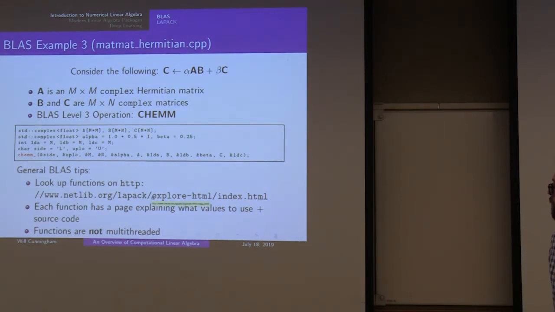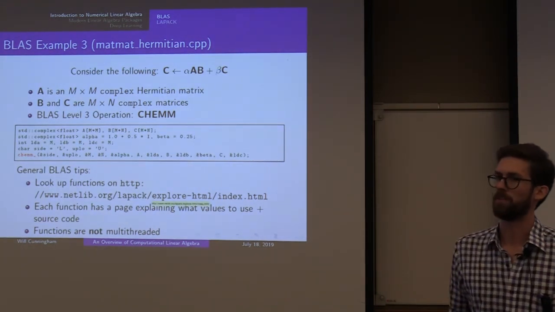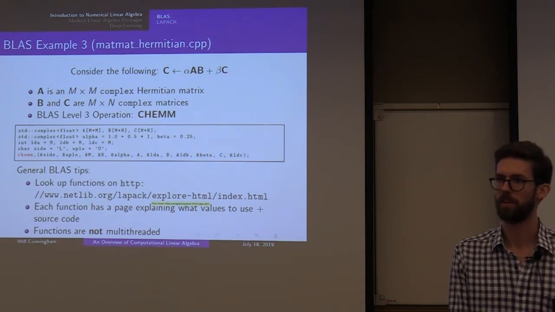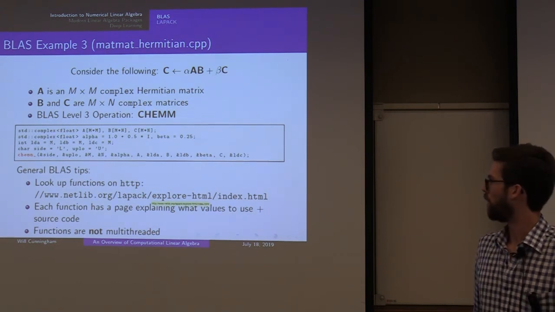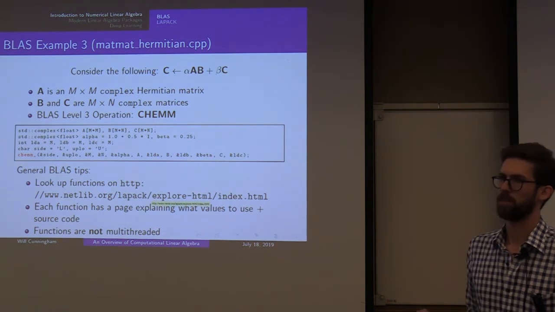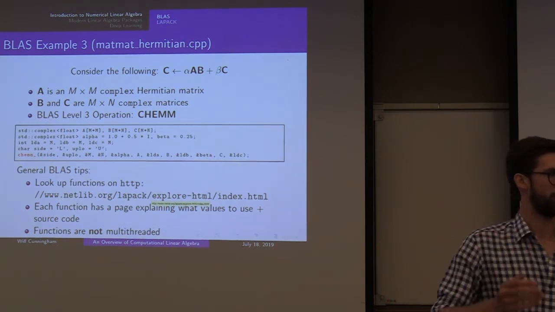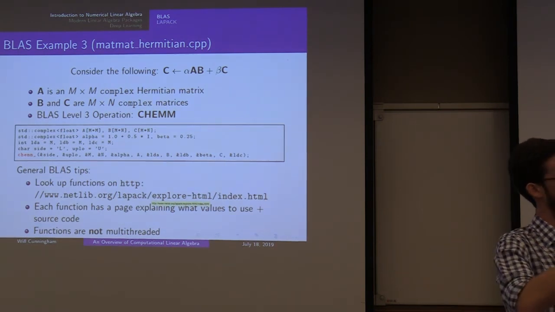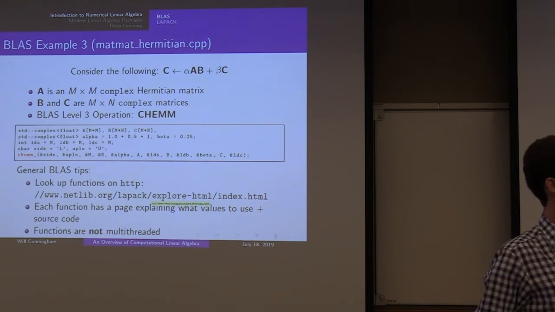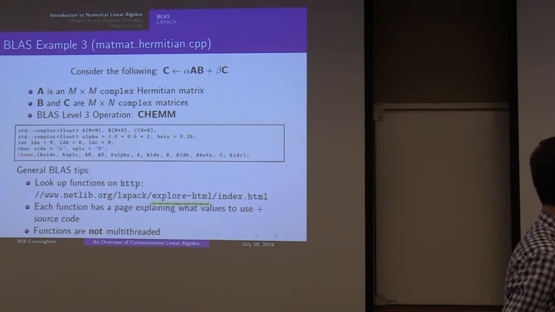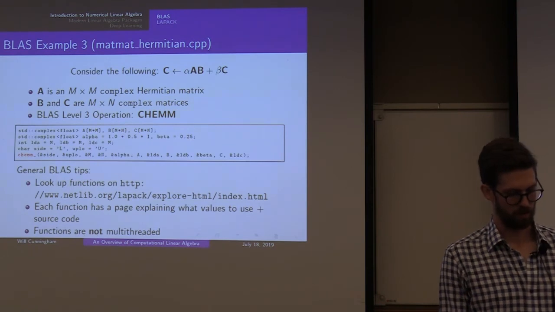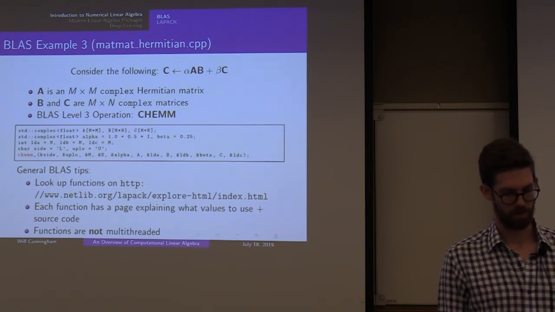Something to point out, these functions are not multi-threaded. Even in the cases where you have independent operations happening, like if you're doing matrix-matrix multiplication, obviously you can have rows and columns multiply independent from each other, but that's not happening here. So that's something that some of the newer packages will take advantage of.